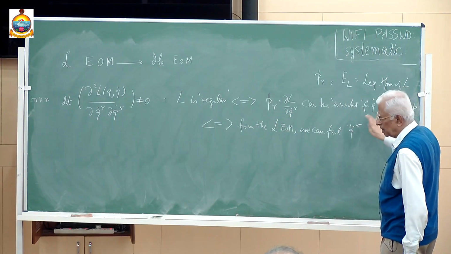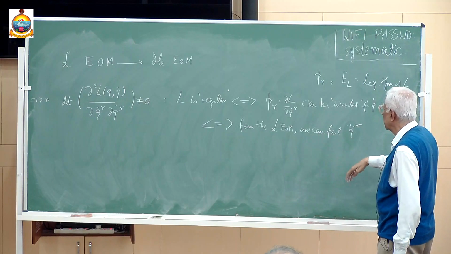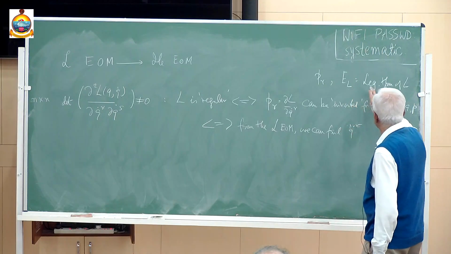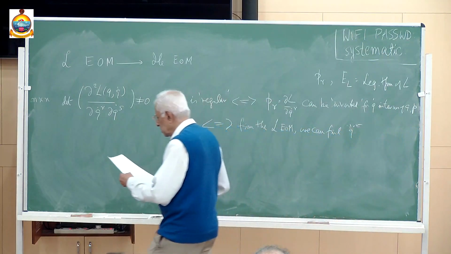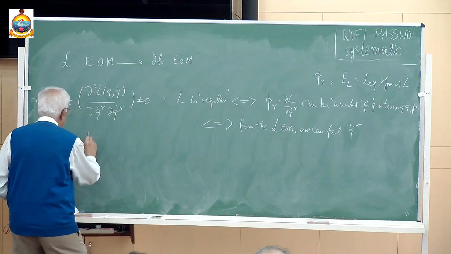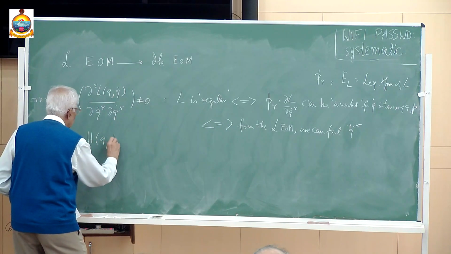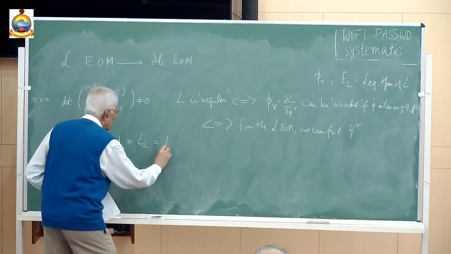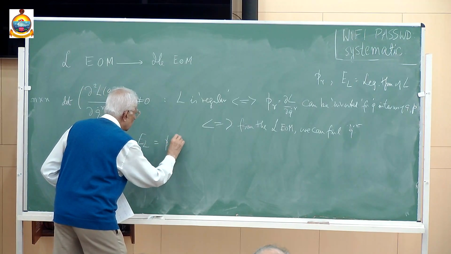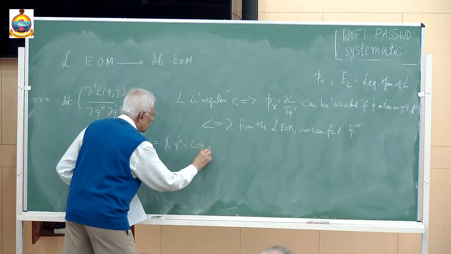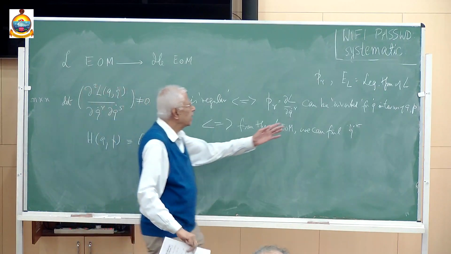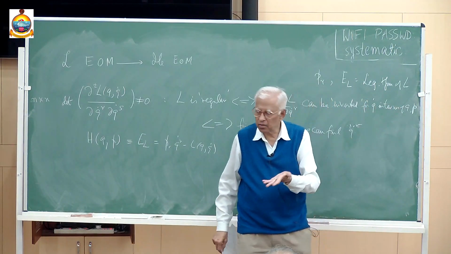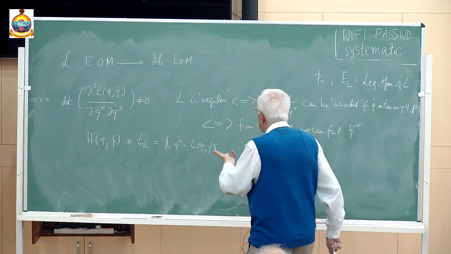That can be done in a way which you are familiar with, which I will show, and there is also this Legendre transform of the Lagrangian. So, the things that I will write now are very well known to you. This quantity E_L, the Legendre transform of the Lagrangian, is an expression in terms of q and q dot.